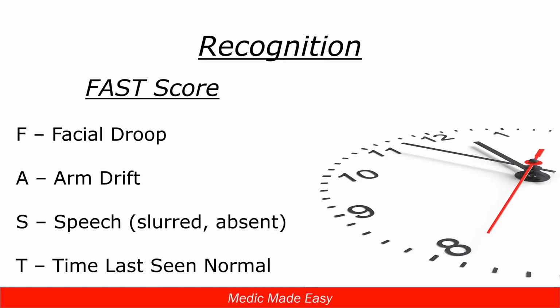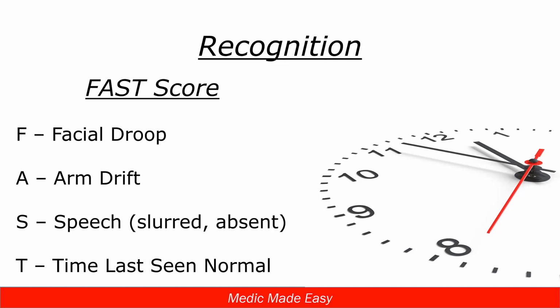That is going to help support that diagnosis of a stroke, or that differential diagnosis, or the field impression of a stroke. So one of the arms drifts down, meaning they have weakness on one side of the body. If you do both arms up, most people are able to do that.